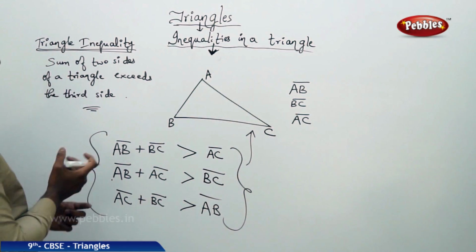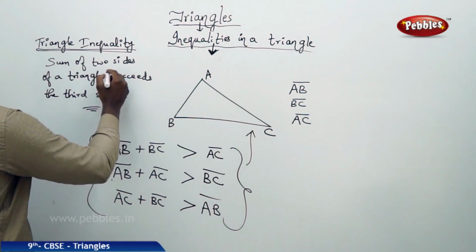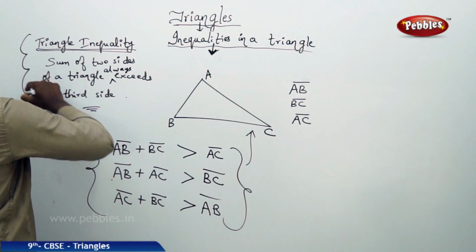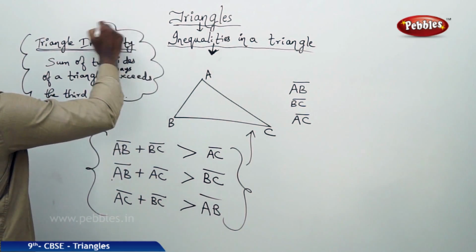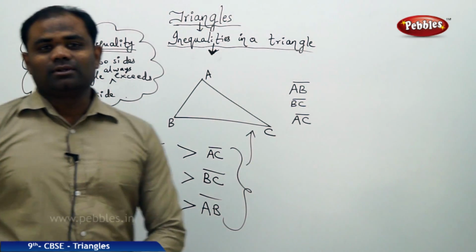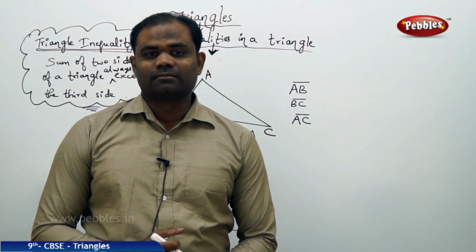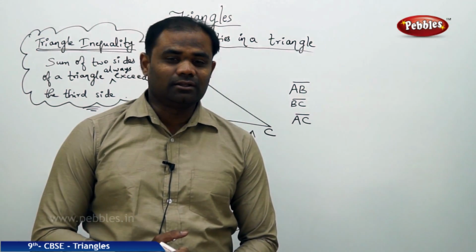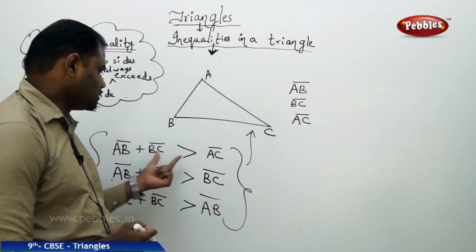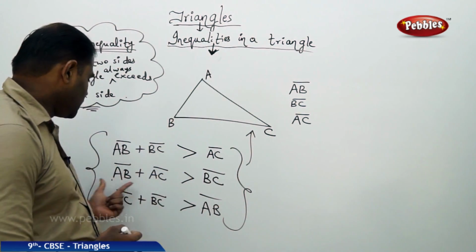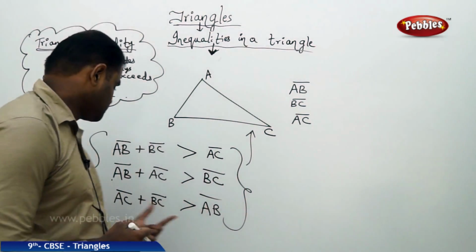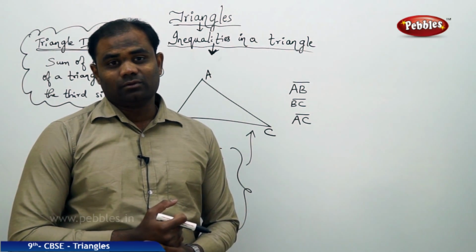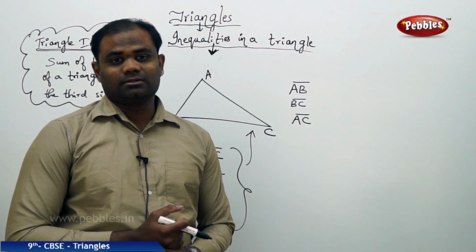Therefore, the sum of two sides of a triangle always exceeds the third side. In the triangle ABC: triangle inequality, AB plus BC is greater than AC, or AB plus AC is greater than BC, or AC plus BC is greater than AB. That's how we see the triangle inequality.